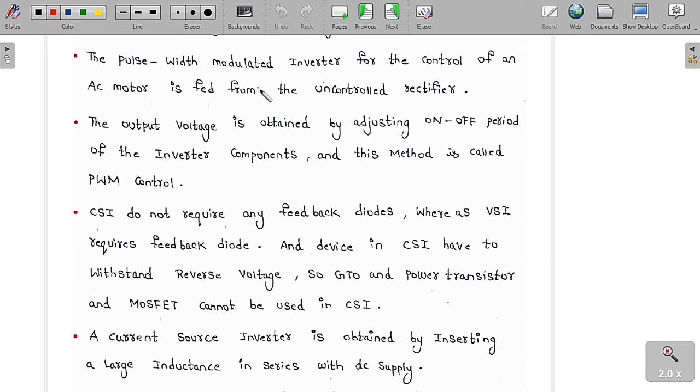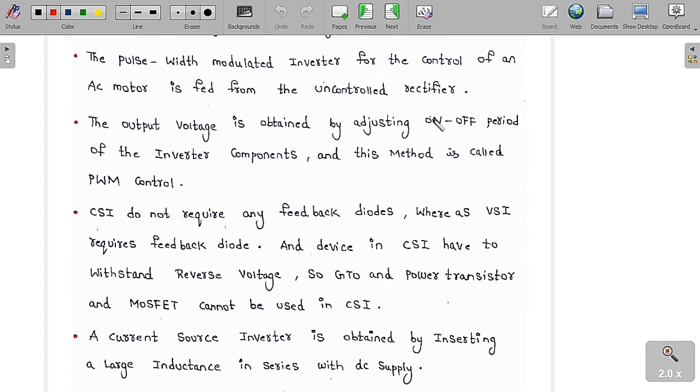The pulse width modulated inverter for the control of an AC motor is fed from the uncontrolled rectifier.